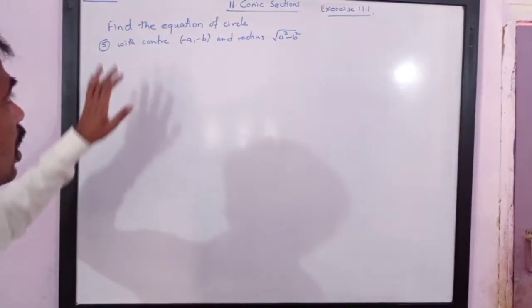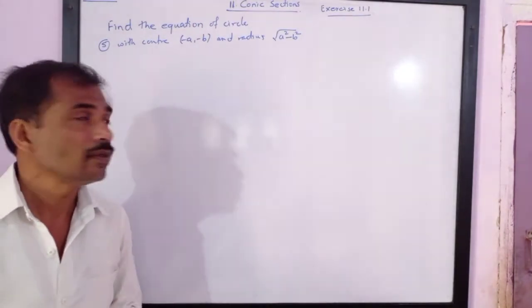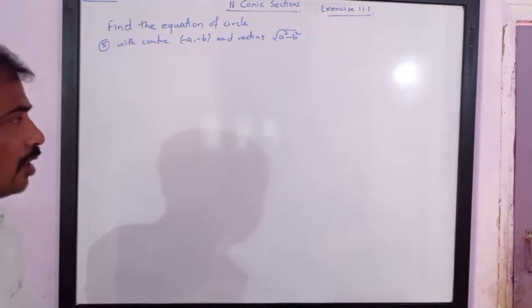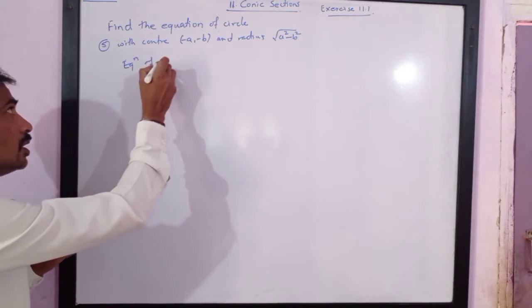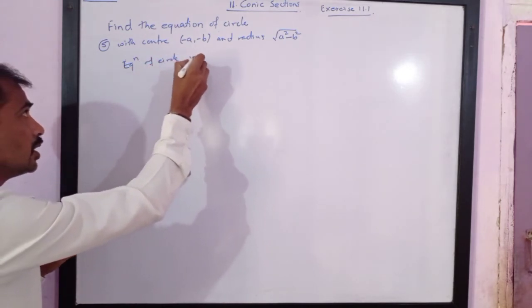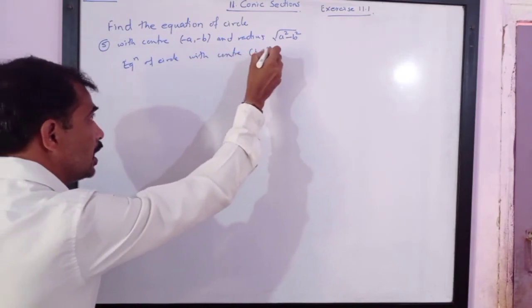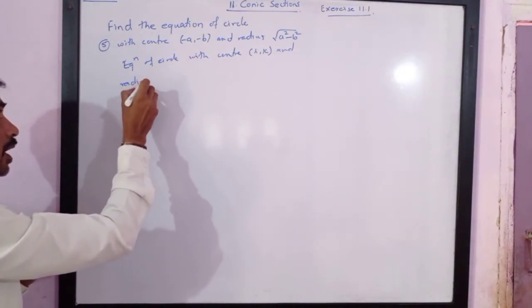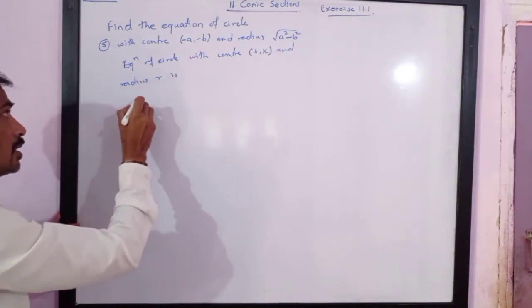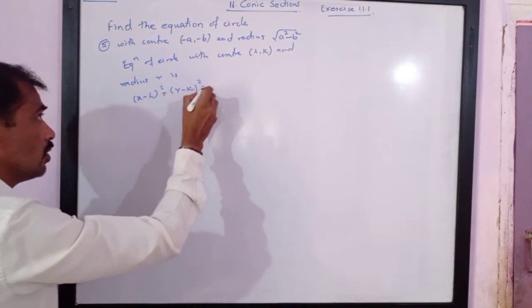Dear friends, now the fifth question is find the equation of circle with center minus a, minus b and radius root of a square minus b square. We know the equation of circle with center h, k and radius r is x minus h bracket square plus y minus k bracket square is equal to r square.